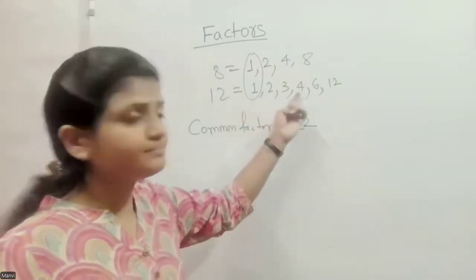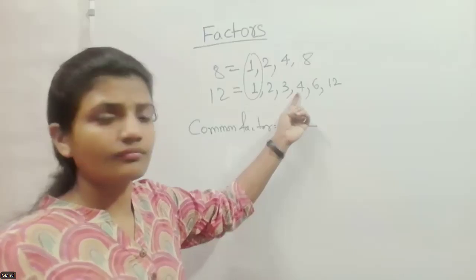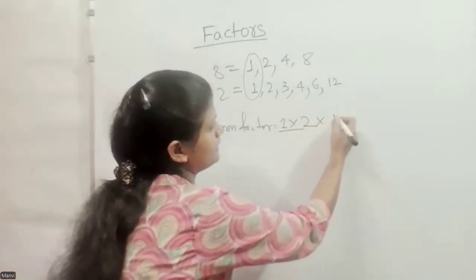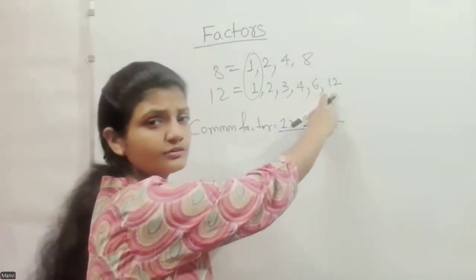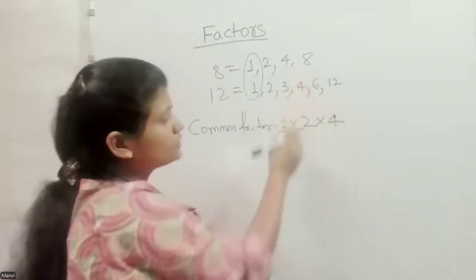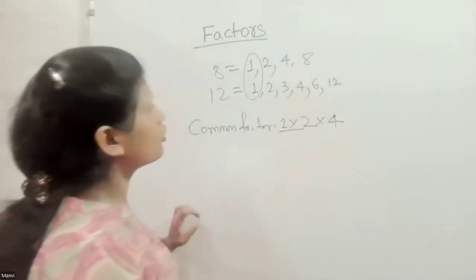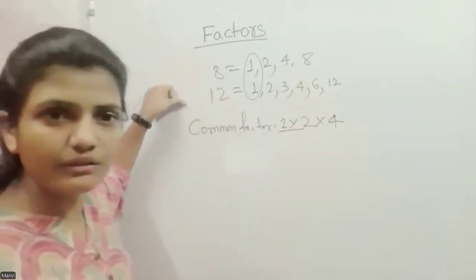No. 4? Yes. So we write 4 here. Then 6? No. 12? No. 8? No. So these three numbers are the common factors of 8 and 12. Okay?